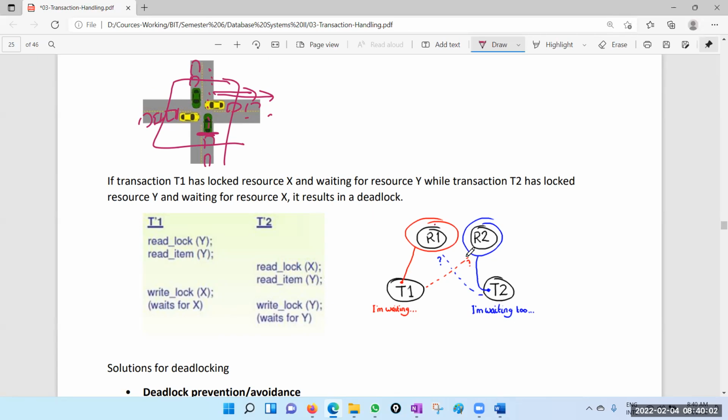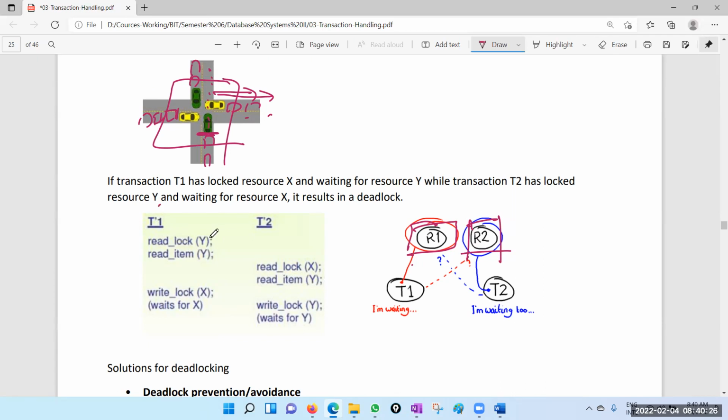Now what will happen is, assume transaction 1 has locked resource 1. And remember, the schedule can be such that we can mix those activities in a schedule. Now transaction 2 has locked resource 2.